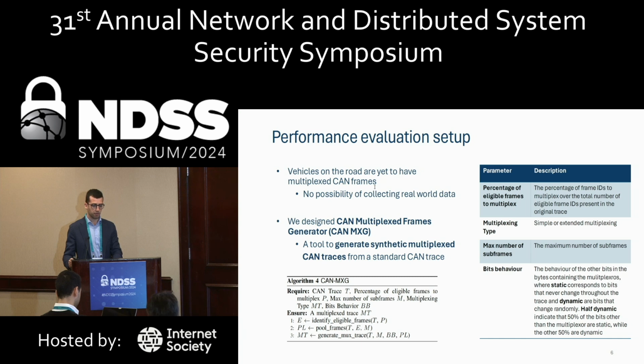Third, the max number of subframes, which means the max number of multiplexers that can be associated with the same ID. And fourth, the bits behavior. Given that the multiplexer signal is within the first byte, we think the behavior of the other bits in the same byte may influence the performance of CAN MXT. So we have either static, dynamic, or half dynamic bits.